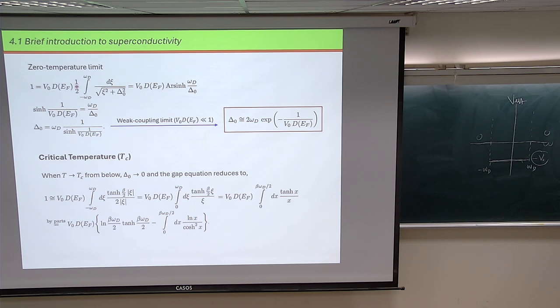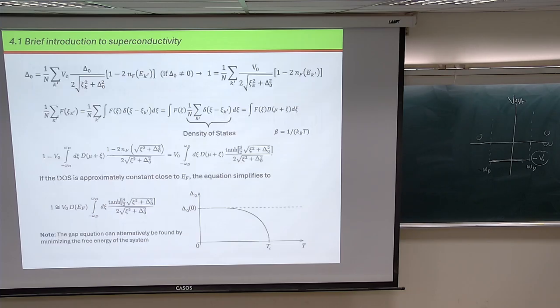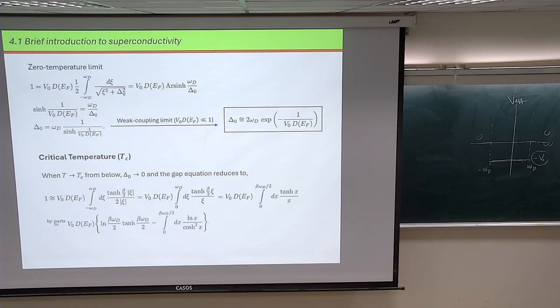So, for the zero temperature limit, the hyperbolic tangent just goes to 1 essentially, because beta goes to infinity. And then you get a simpler integral, so you get this expression here.